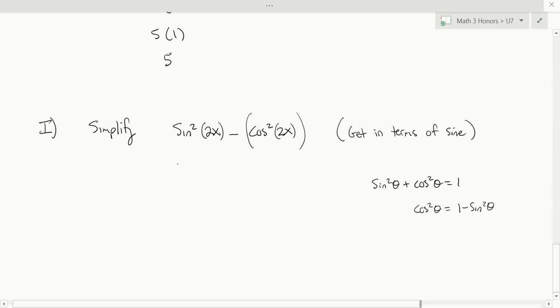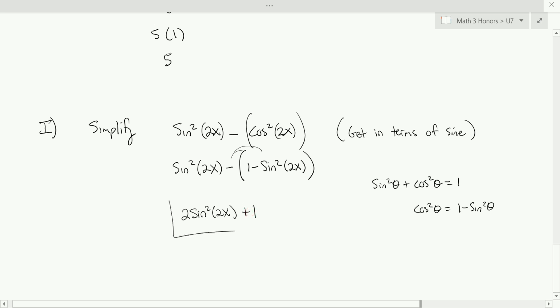So it's going to look like this: sine squared 2x minus, in parentheses, 1 minus sine squared 2x. Just replacing the cosine squared with something that's equal to it, and then distribute the negative, and we get 2 sine squared 2x minus 1.